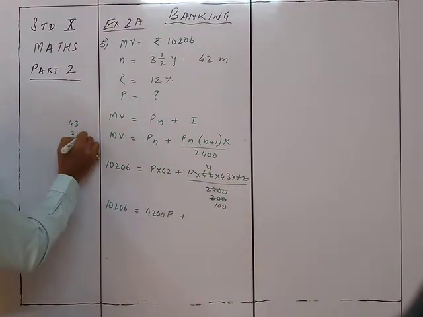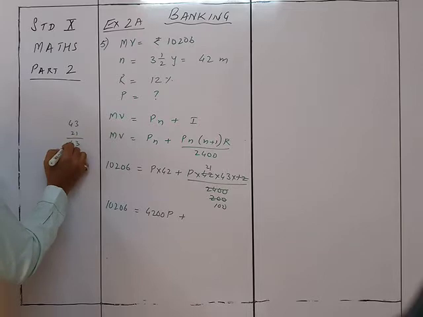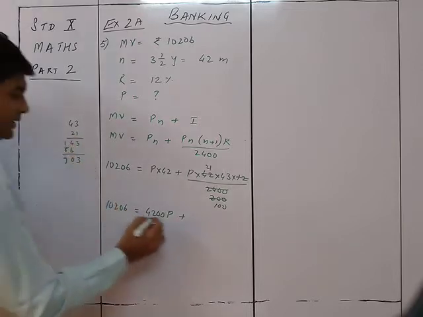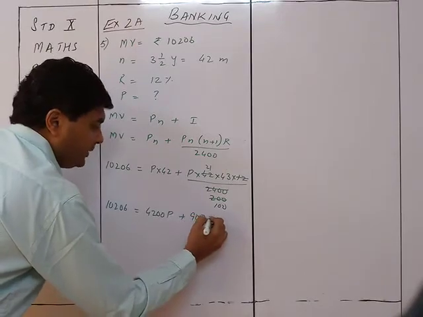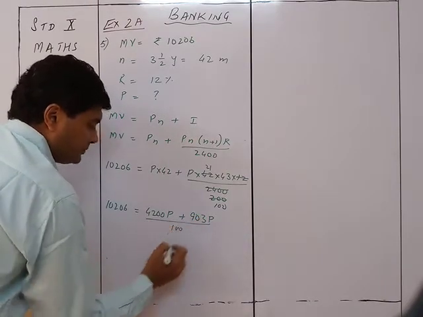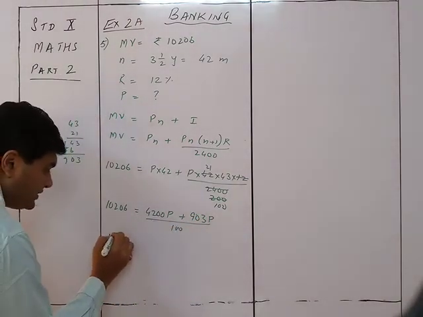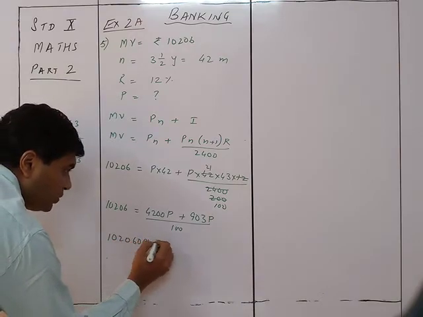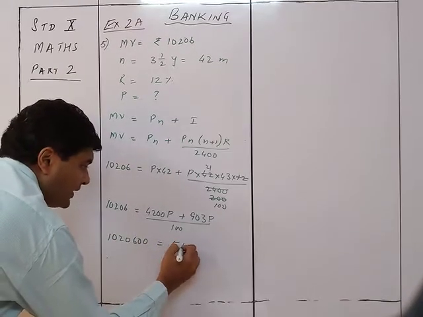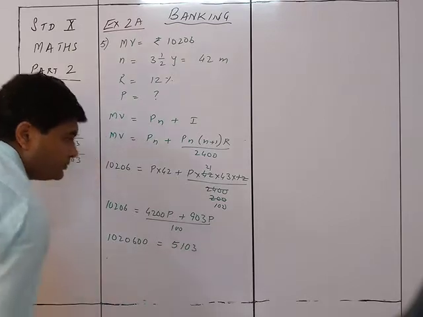So 43 into 21 is 903. So that will be 1020600 is equal to 5103P.